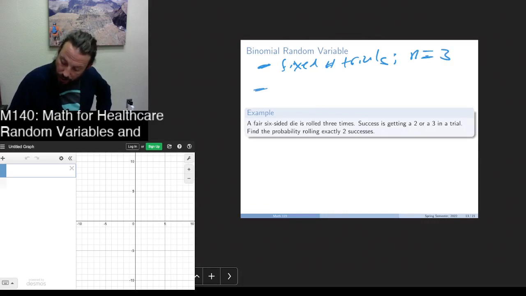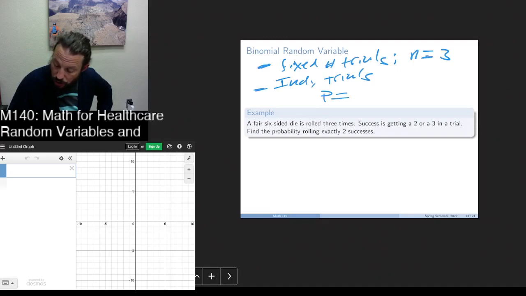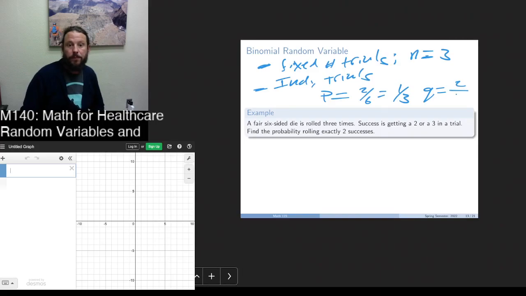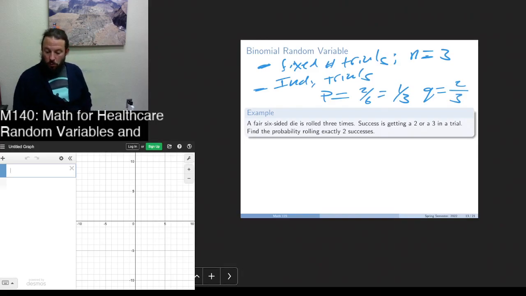And dice are independent trials, and we only have success and failure. And our probability of success here is getting a 2 or a 3, so that's 2/6 or 1/3, which automatically means my probability of failure is 1 minus p, or 2/3 here. All right. Now, what are the values x can take on?